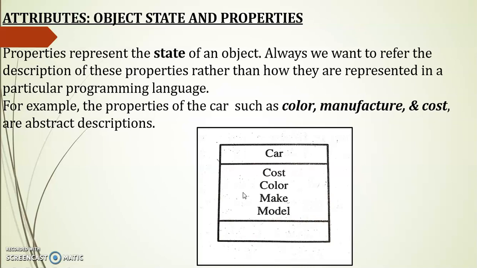Attributes, state and property. Properties represent the state of an object. If we want to refer to any object, then we have some properties, such as if a car is an object, then color, manufacturer and cost are its attributes.